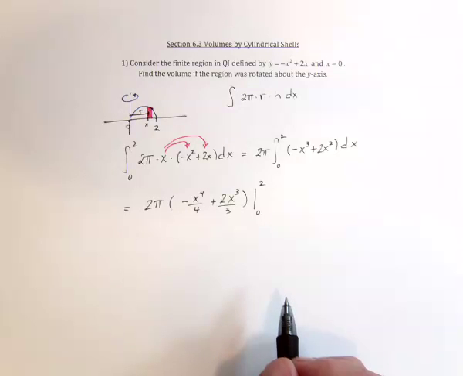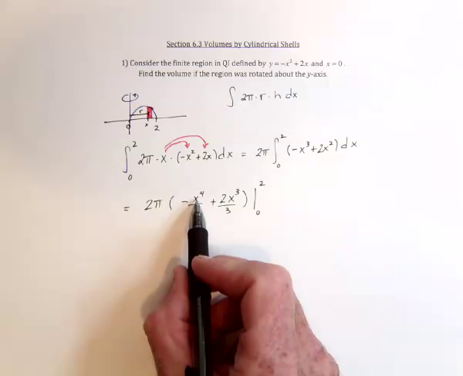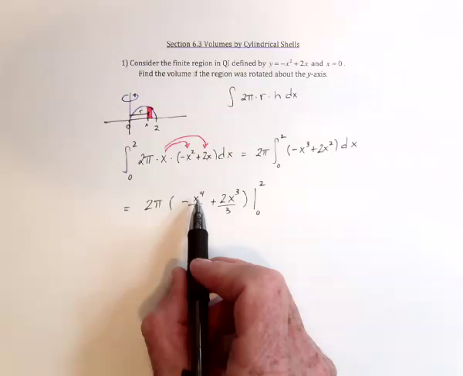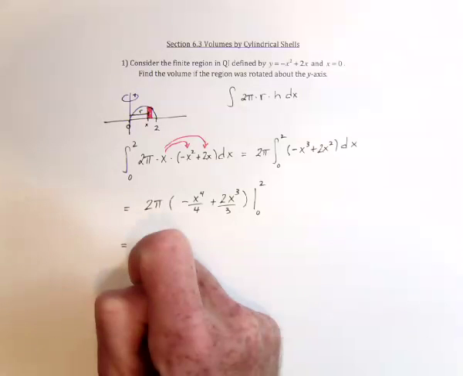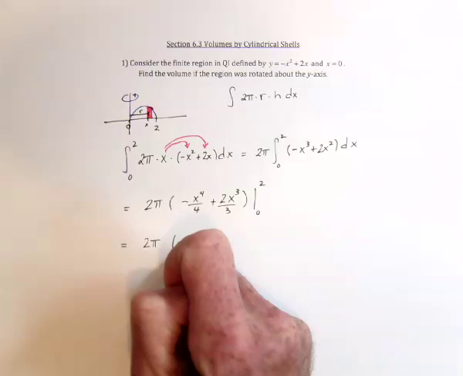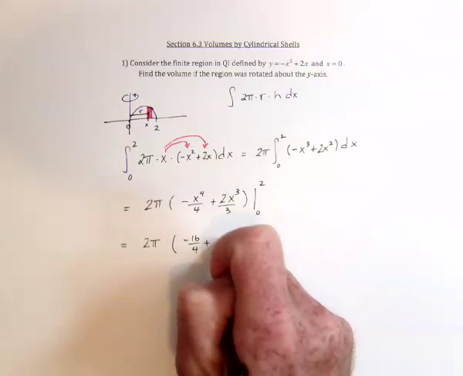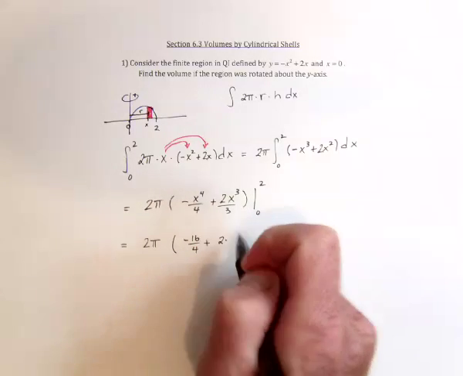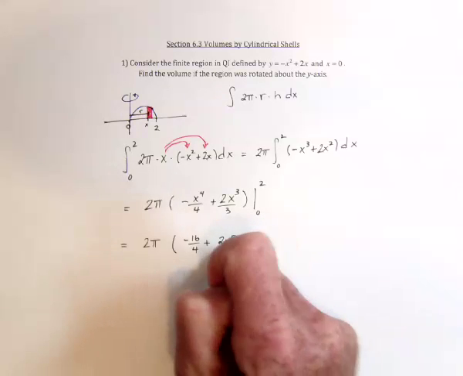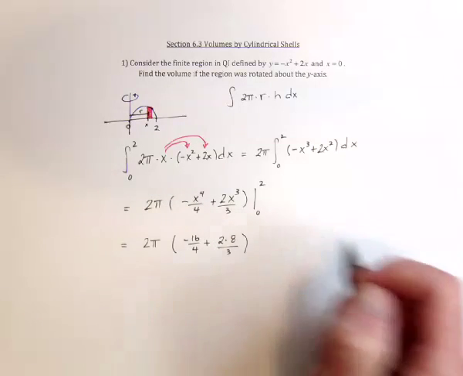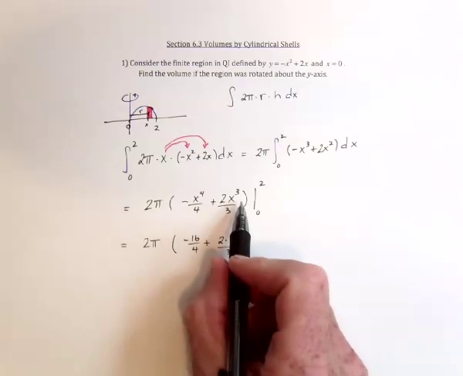So substituting the 2 in there, this would be, let's see, 4 times 4 is 16. So negative 16 divided by 4 plus 2 times 2 cubed is 8. And then when I substitute a 0, it's 0.